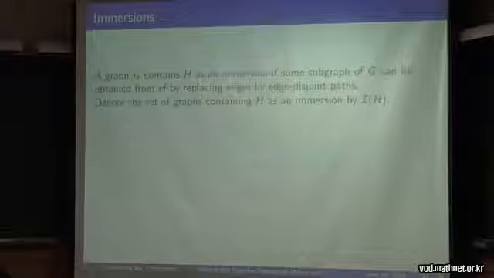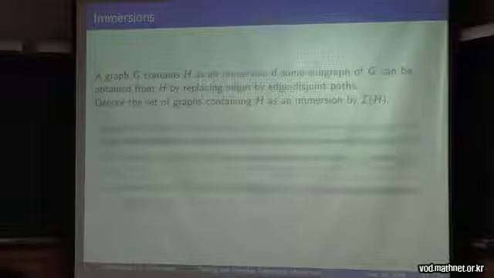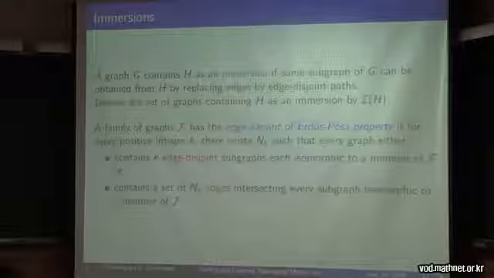So now I write the set of graphs containing H as an immersion as I of H. Now I consider the packing problem and the covering problem for I of H. But now the edges of H are simulated by edge-disjoint paths. So I should not find vertex-disjoint H immersions. I should see edge-disjoint H immersions. So I want to pack them into edge-disjoint copies.